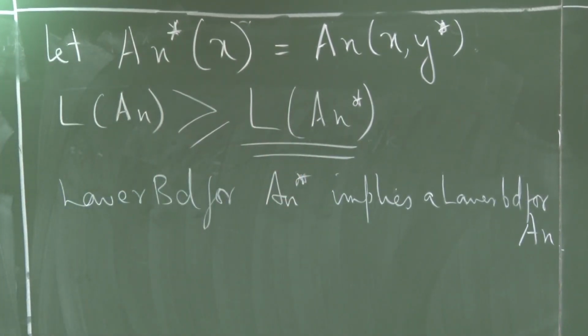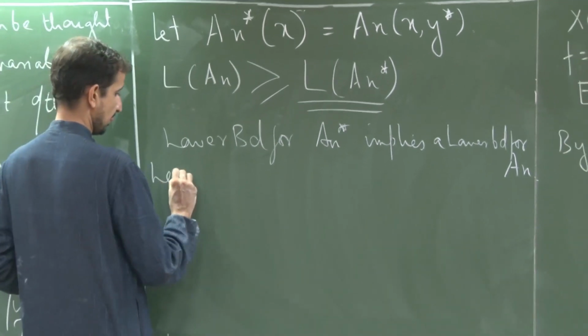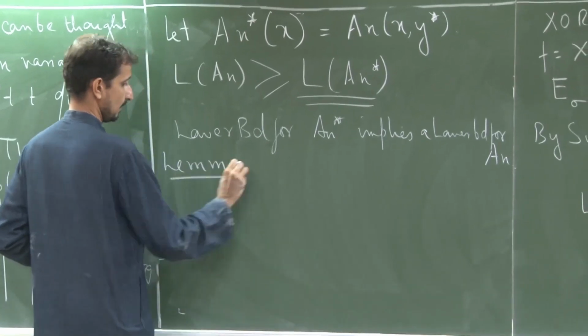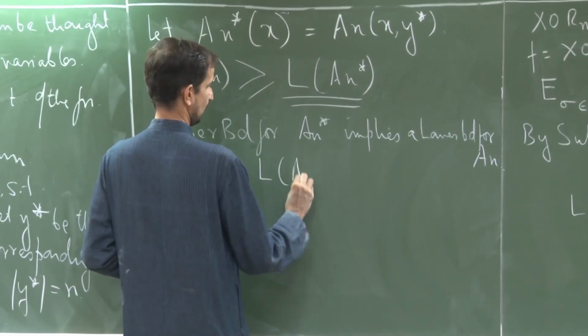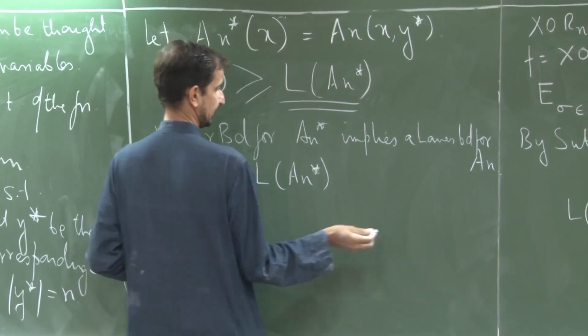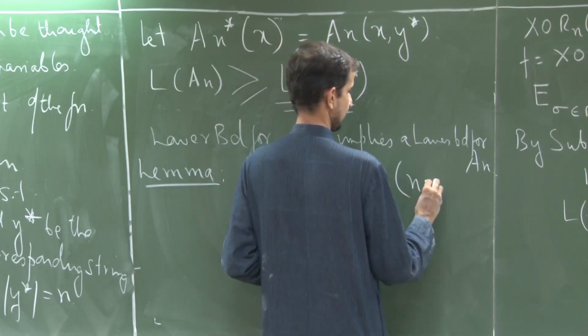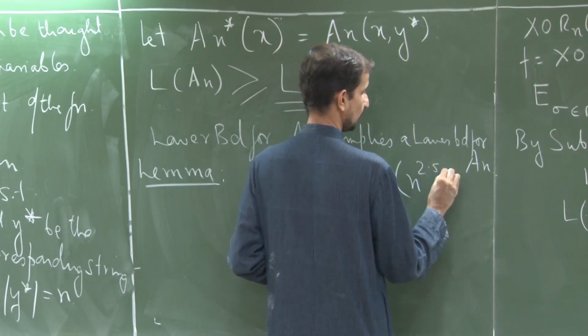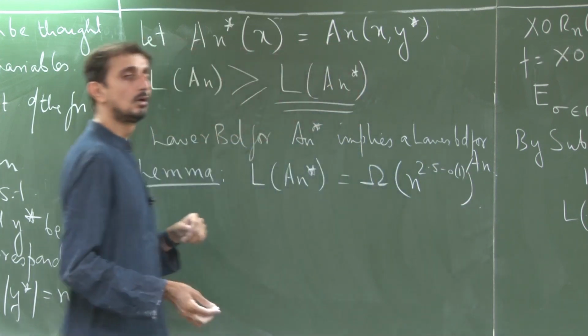Now, how can I get a lower bound for a n star? So, let us understand the function a n star. Okay. So, what we will prove is that L of a n star is omega of n to the power 2.5 minus small o of 1.